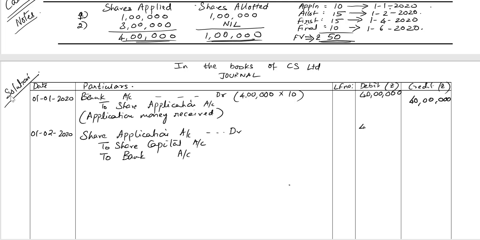So again, share application account, we have the amount of the first journal entry. Number of shares allotted is 1 lakh shares multiplied by 10 rupees per share. 10 lakh rupees transferred from application to share capital account, and the balance application money on 3 lakh shares at the rate of rupees 10 per share, 30 lakh, has been refunded.